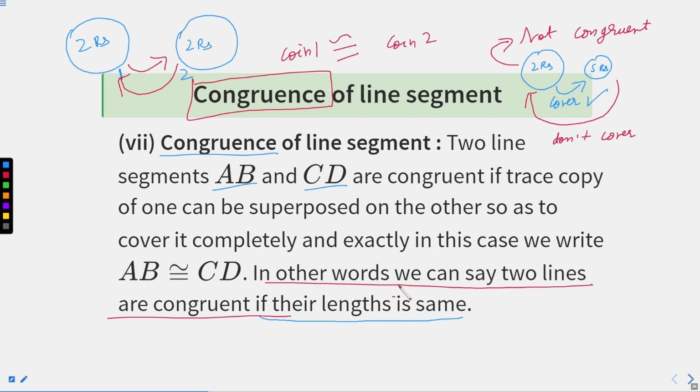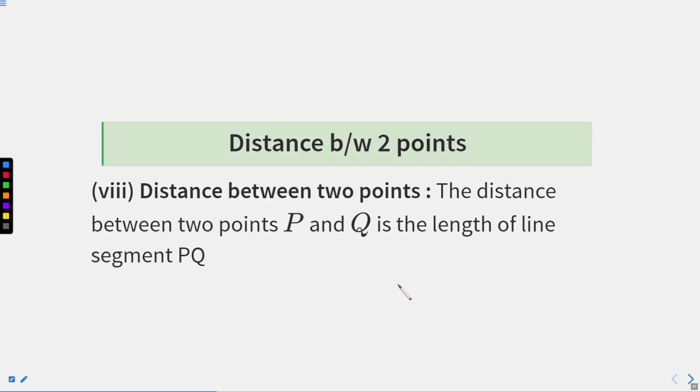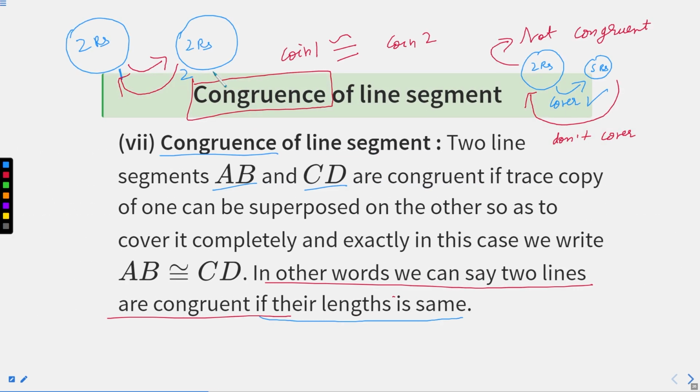Now let's move to the next definition, the distance between 2 points. We talked about it in the previous slide: if we have two line segments and their lengths are the same, then the line segments are congruent.